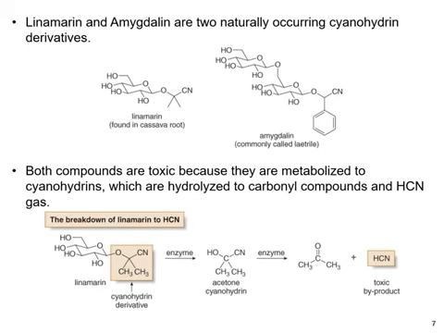Both compounds show toxicity in metabolism. These compounds are hydrolyzed to a carbonyl compound and HCN, and HCN acts as the toxic product. So you can see, in the cyanohydrin derivative, the enzyme breaks the alkoxy bond, giving acetone cyanohydrin, then the enzyme converts it into acetone and HCN. HCN is toxic.